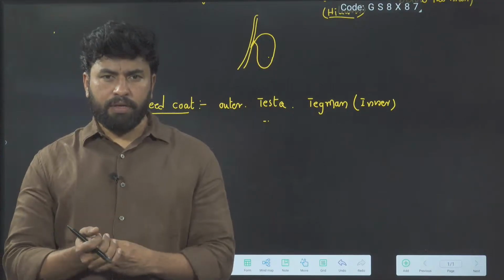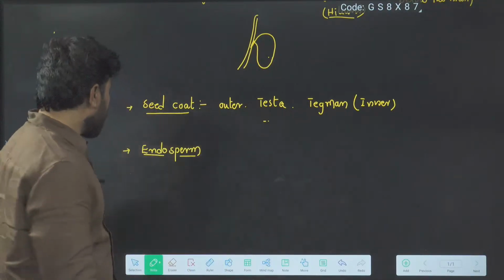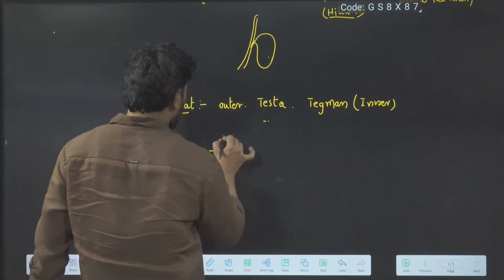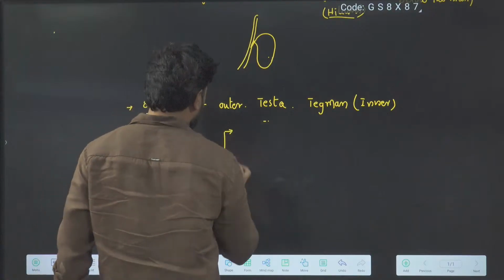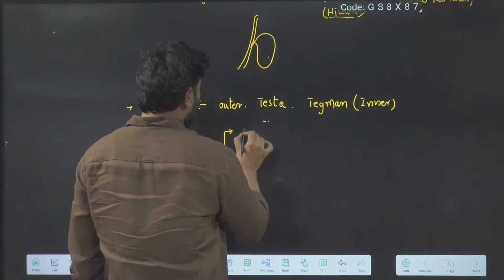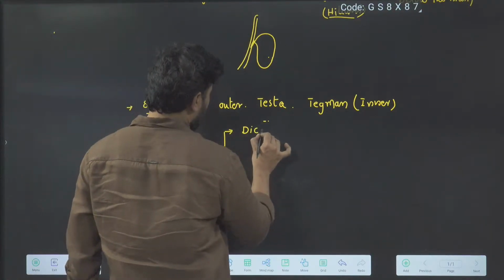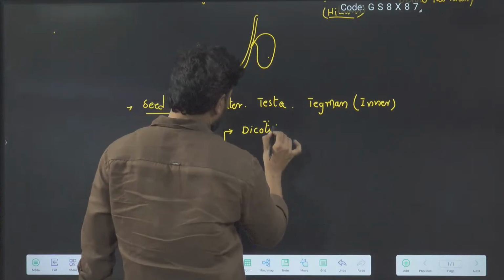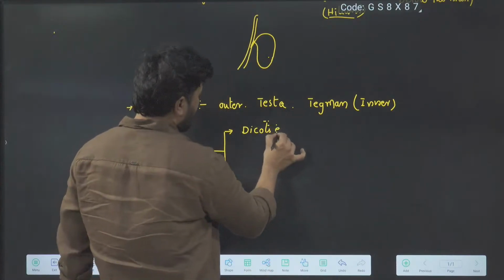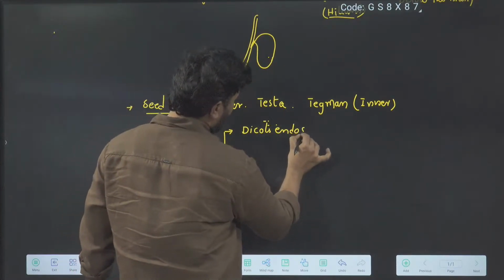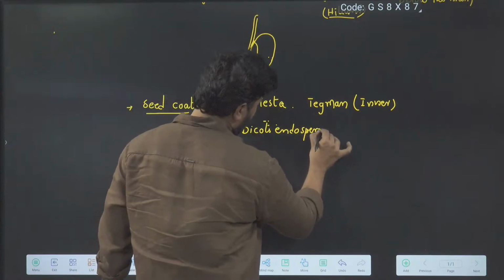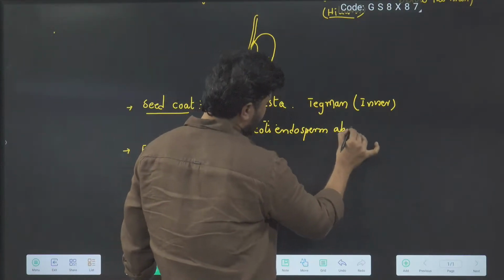For example, presence and absence of endosperm is a criterion in dicots. Generally, be careful, generally in dicots, endosperm is absent.